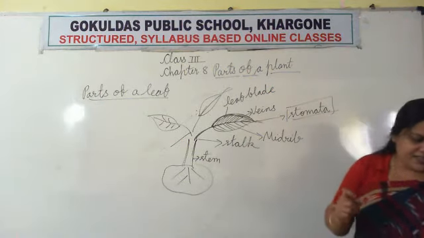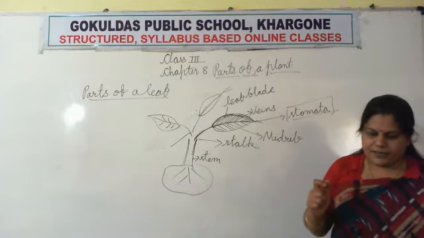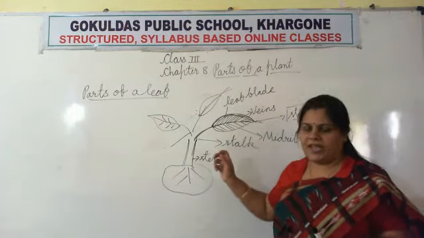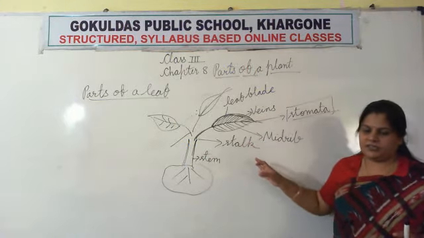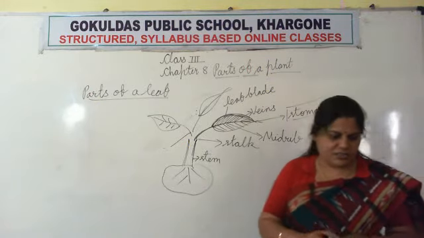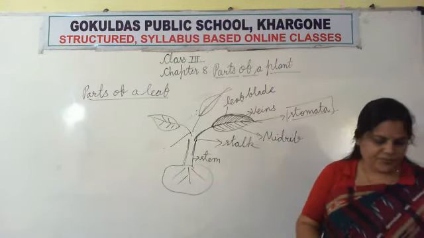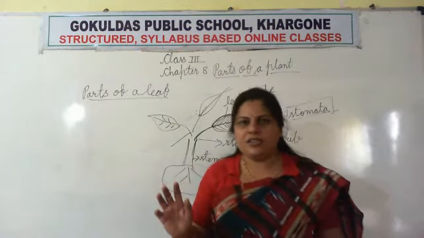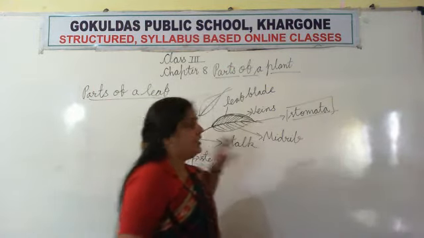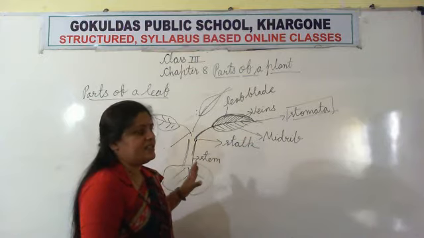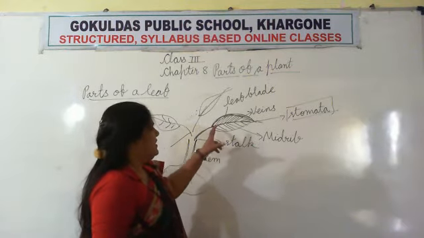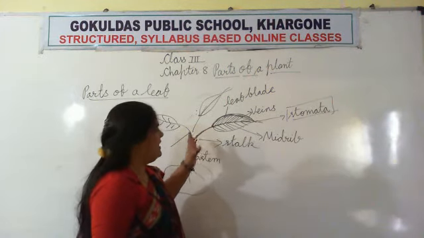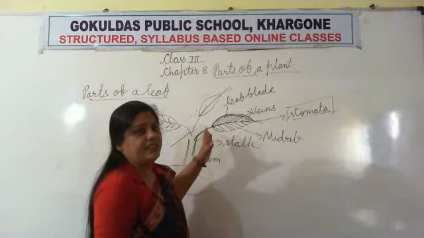Because there is a pigment actually which is called chlorophyll, है ना? Because of the chlorophyll, the color of leaf is green. That is the kind of pigment which is in the leaf only. That is the reason the leaf has the green color.